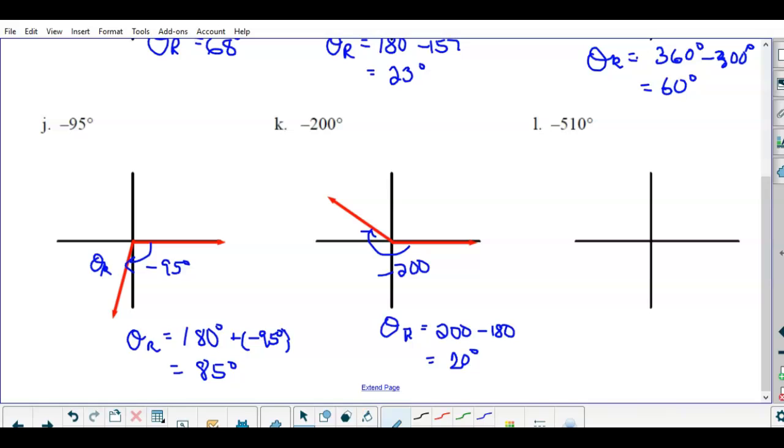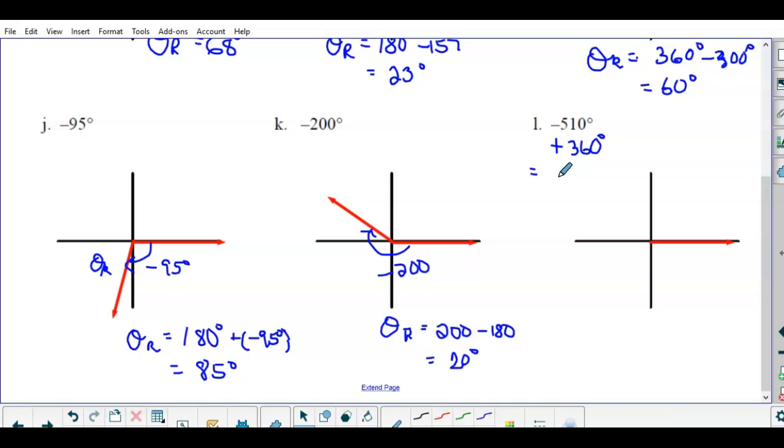Okay, negative 510. So initial arm, going one complete rotation is negative 360. So what you can do, if you add 360 to this, then you'll get a smaller negative angle that's coterminal. So what do you get?